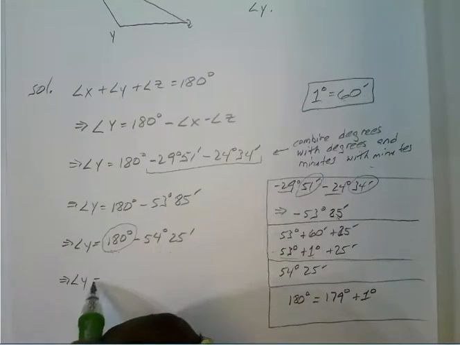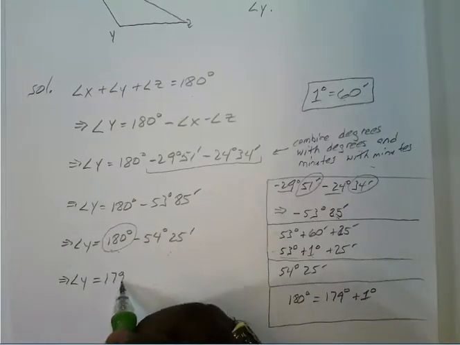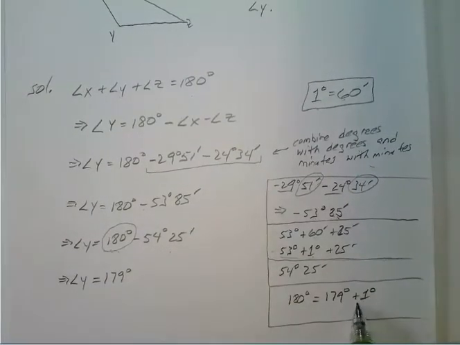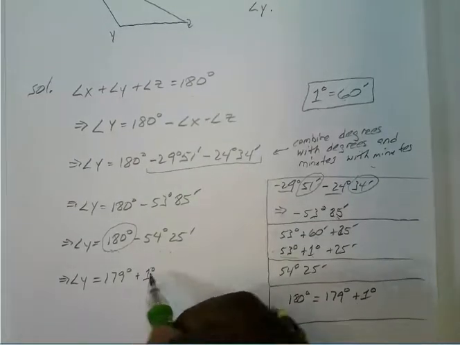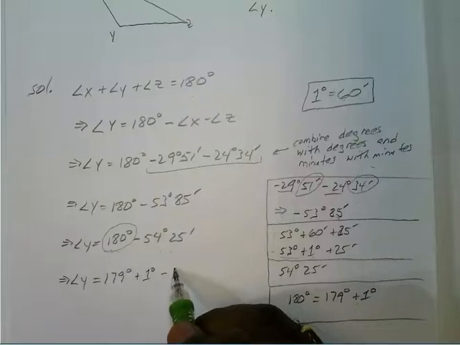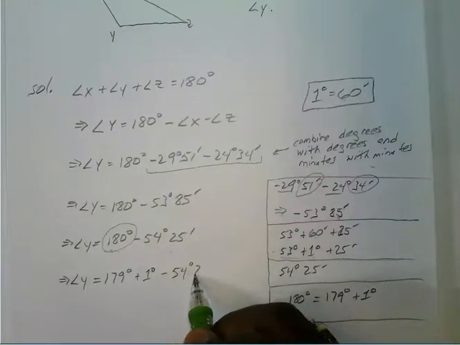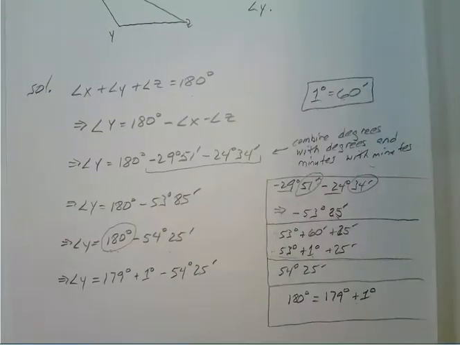So angle Y is equal to 179 degrees plus 1 degree minus 54 degrees 25 minutes.